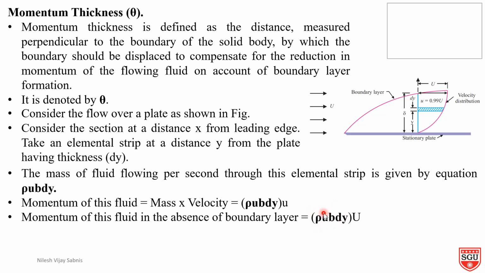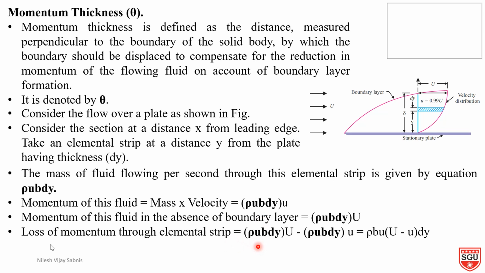and through that small strip this much mass is flowing. In the exam most of the time you make a mistake with this small u. Here small u is there to maintain the same mass. If you put capital U here, the mass will be different as compared to the mass we have seen previously. Loss of momentum through the elemental strip is rho u b dy into capital U, which is more, minus this momentum, which is less.